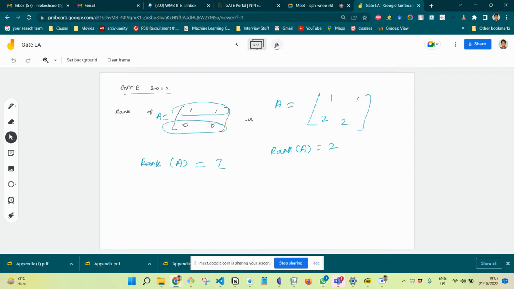If you are given this matrix, the first thing you should do is convert it into RREF. For that, R2 equals R2 minus 2 times R1. That will give you 1, 1, 0, 0. Now this is in RREF, and from this matrix you will read the rank. So the rank of this matrix and the rank of this matrix are both 1. I hope this is clear.